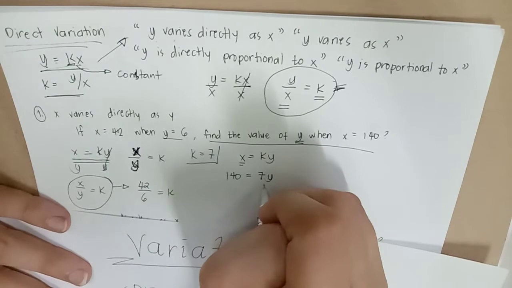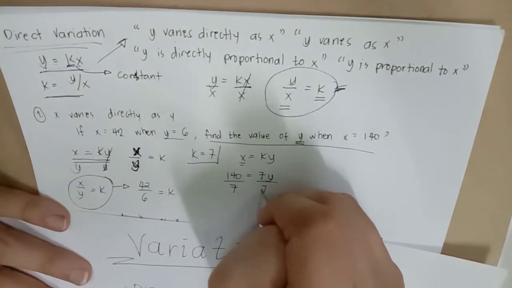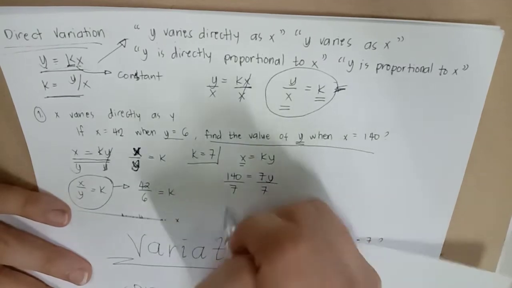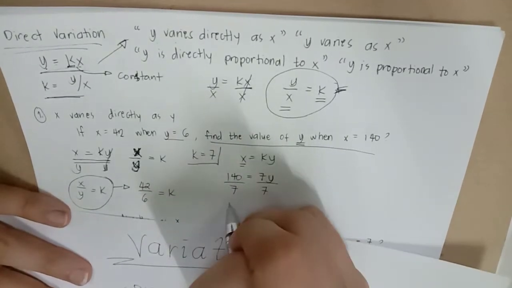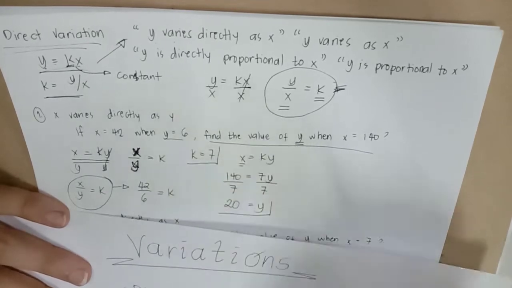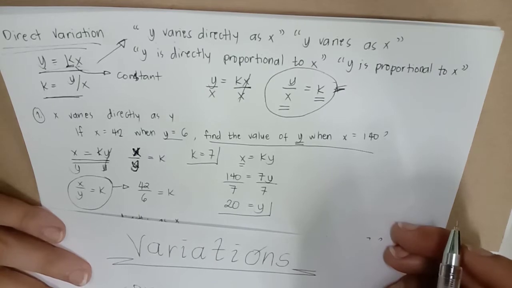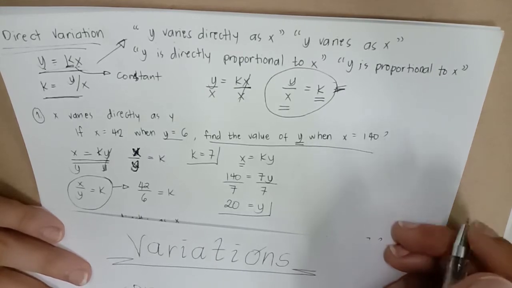To find the value of y, we divide both sides by 7. So 140 divided by 7, the answer is 20. So the value of y in our number 1 mathematical statement is 20.